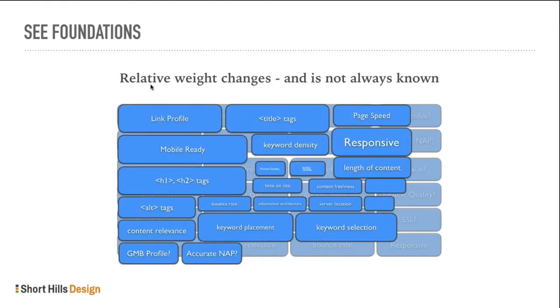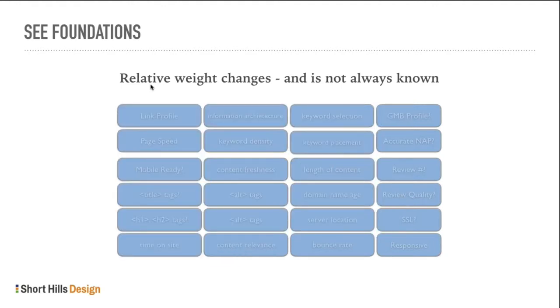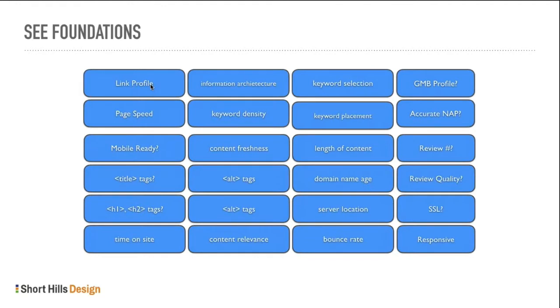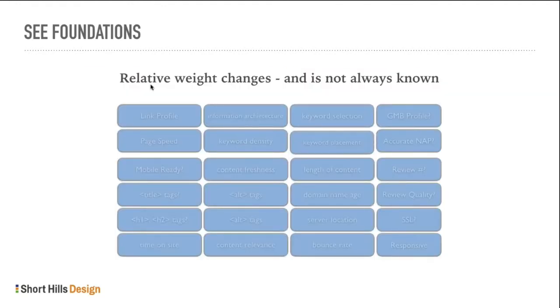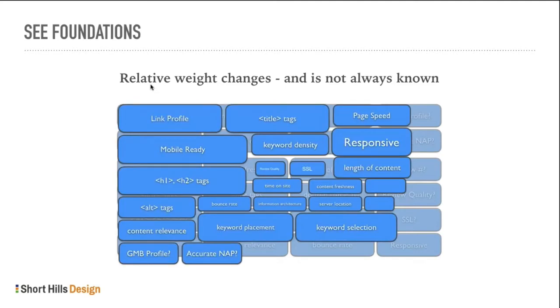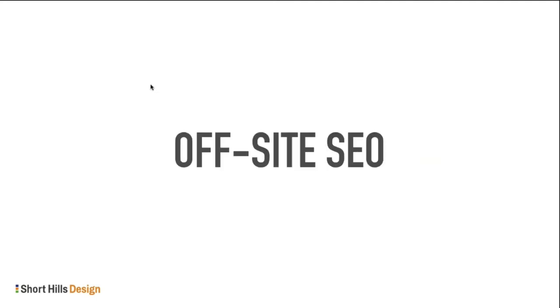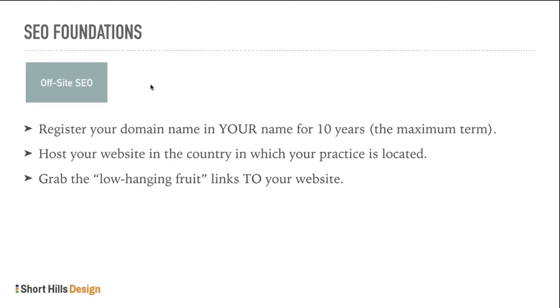So obviously, if you and a competitor have all of these same ranking factors, you're check plus for every one of them, and they have more links to their site than you do, they might rank higher.